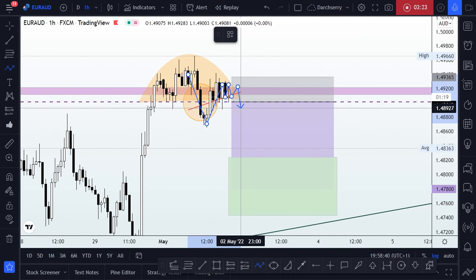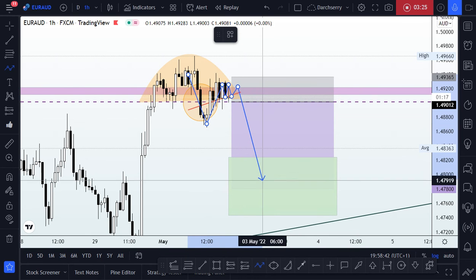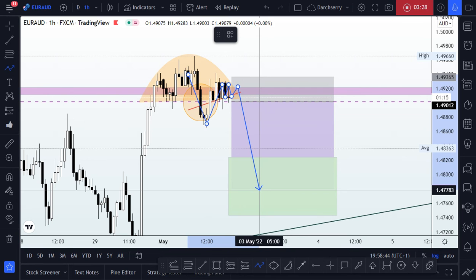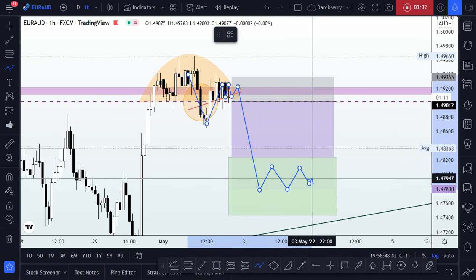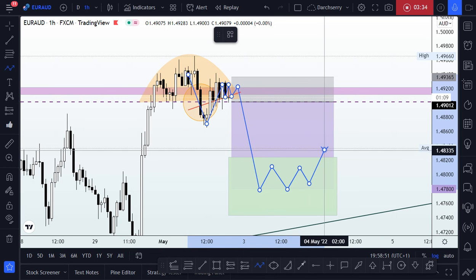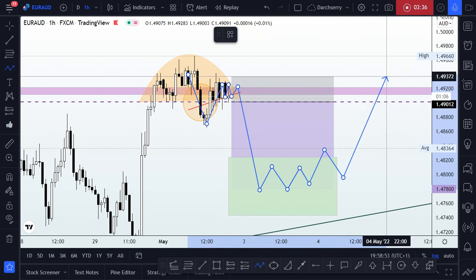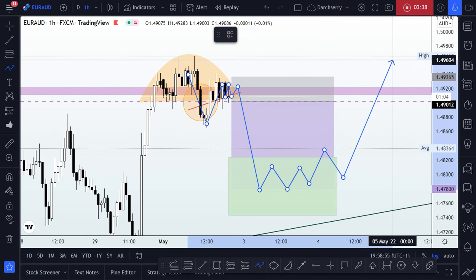A breakdown of that neckline might actually send price going into the 1.48 area, where we will probably see a completion of the retracement phase to incite a trend continuation to the upside.